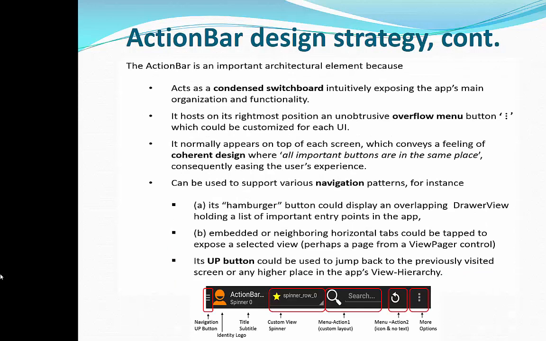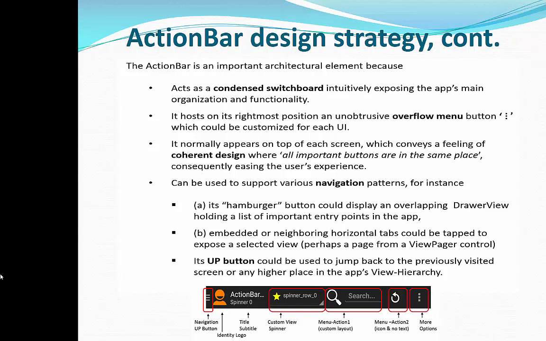So what is the action bar design strategy? It acts as a condensed switchboard, intuitively exposing the application's main organization and functionality, in this case in terms of menu and in terms of some actions.